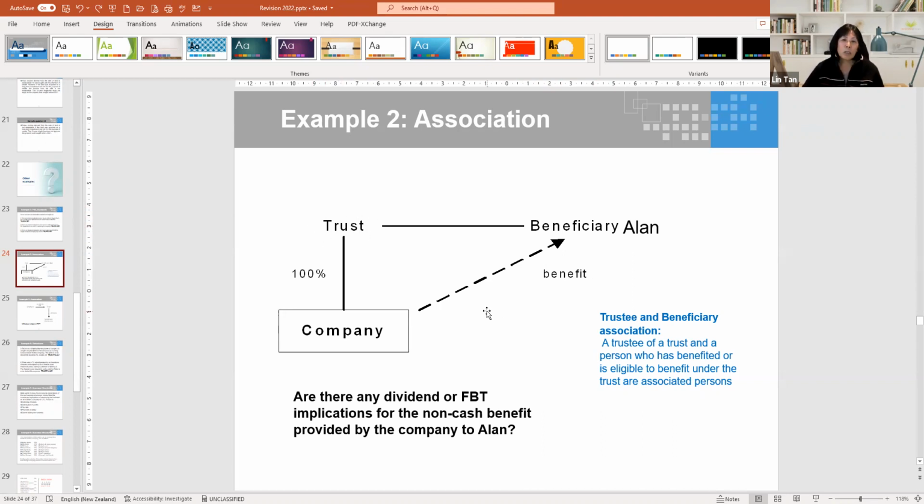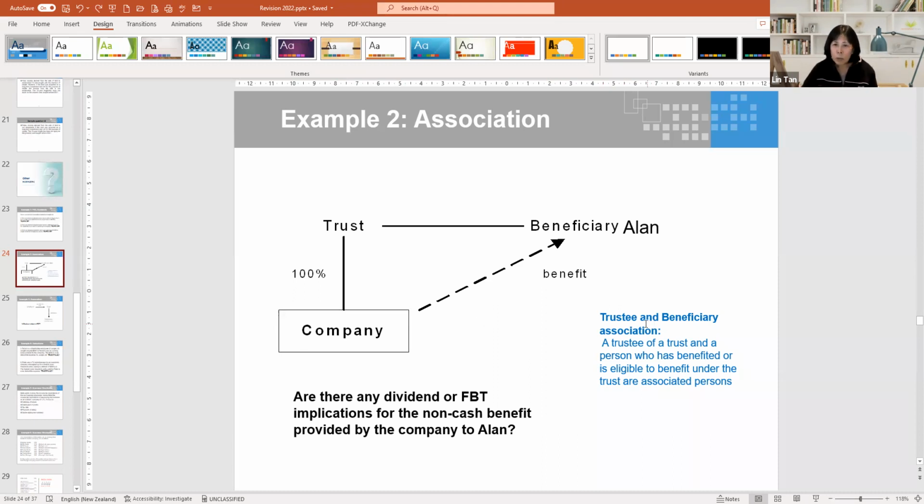So the question here is you will have to check and see whether this benefit is provided to an associated person of a shareholder. The trust is the shareholder. So is Alan an associated person of the trust? You will have to go through the list of associated person rules in the reference document.